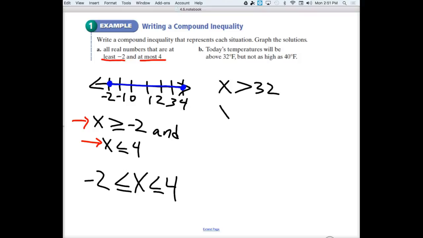So then also x, not as high as 40, x has to be less than 40. And again, since both of these have to be satisfied, they're joined by and. X is greater than 32, x is less than 40. It does say graph the solutions.